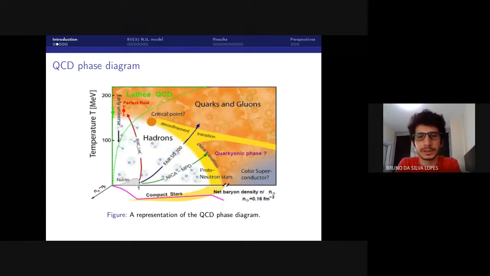So the quarks are confined inside the hadrons. But at high energies, we know they form the so-called plasma of quarks and gluons. So for low baryon density, this transition is well known due to lattice QCD results. We have a crossover between those two phases.